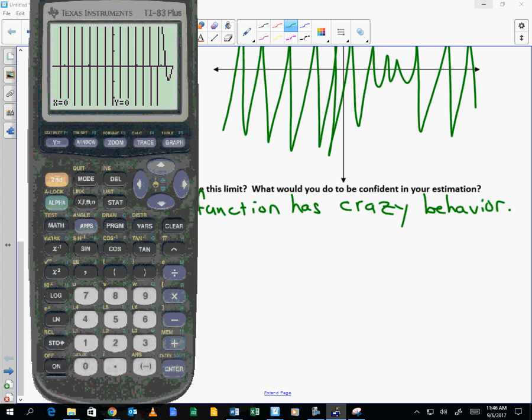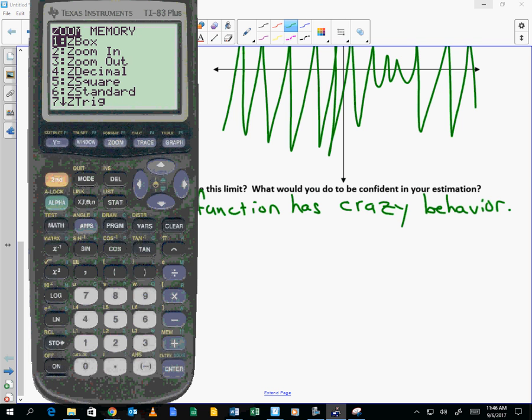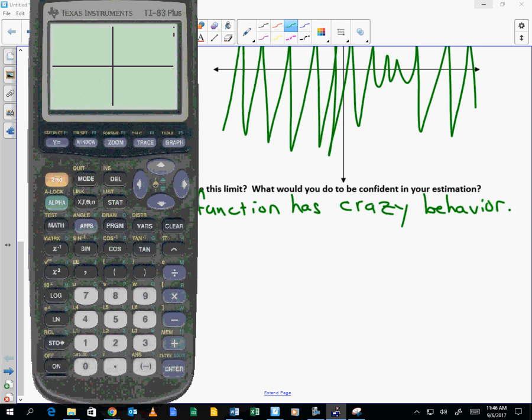So Carter, you want to take a guess at the limit? How about we zoom in again? You feeling pretty confident about the limit there? It's hard to tell on that one, isn't it?